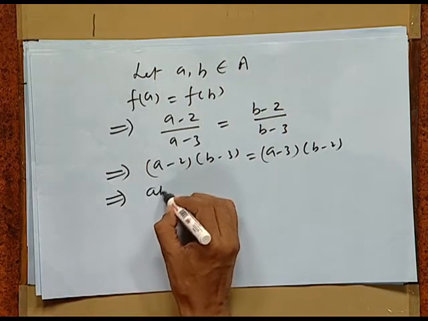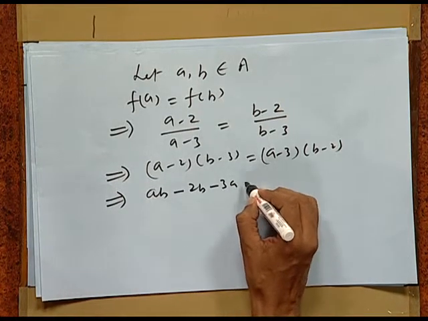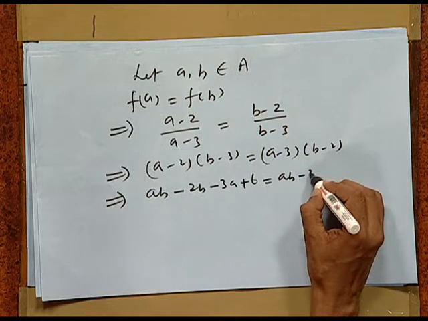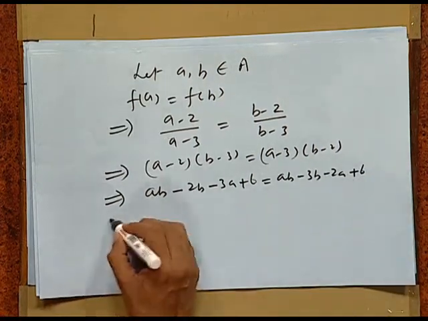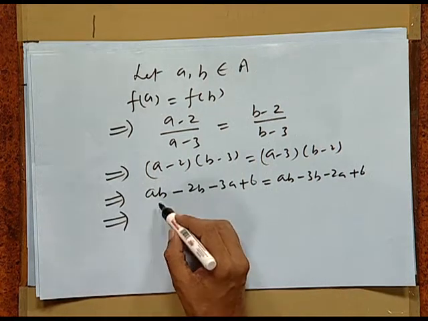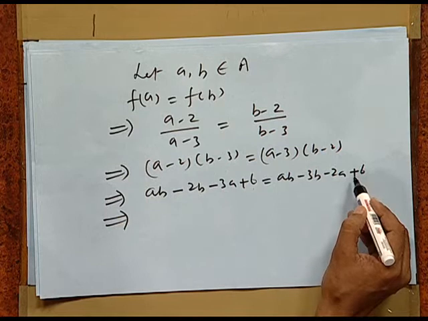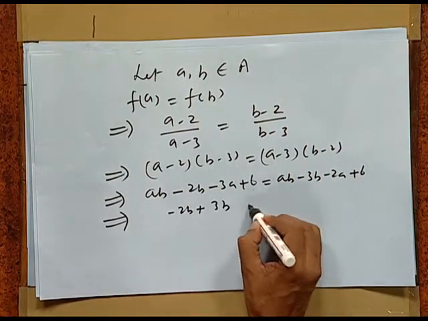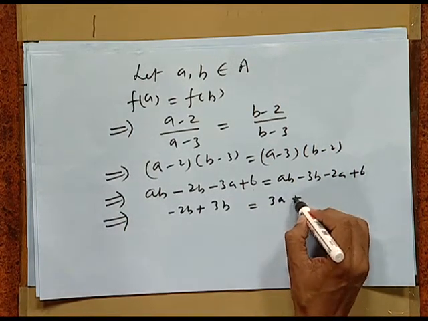This means ab minus 2b minus 3a plus 6 is equal to ab minus 3b minus 2a plus 6. Here ab gets cancelled, 6 gets cancelled, you are left with minus 2b plus 3b is equal to 3a minus 2a.